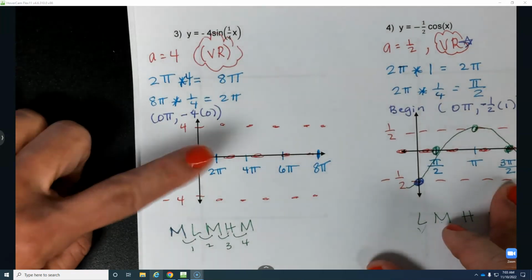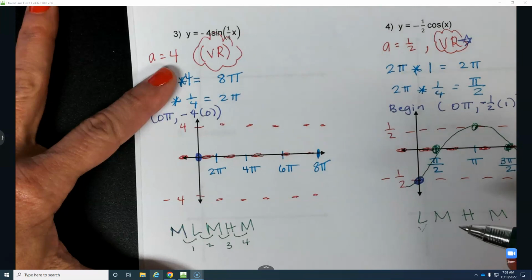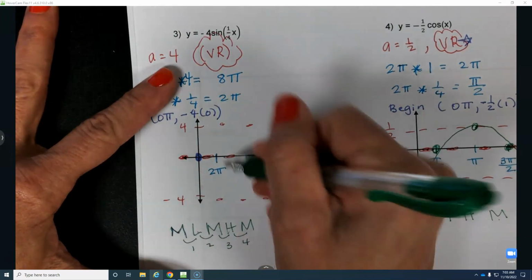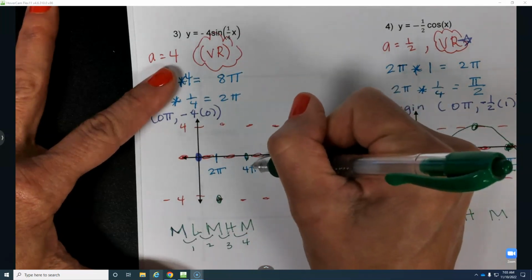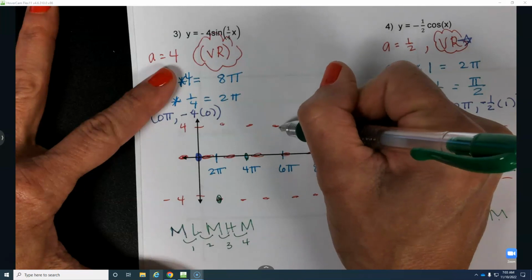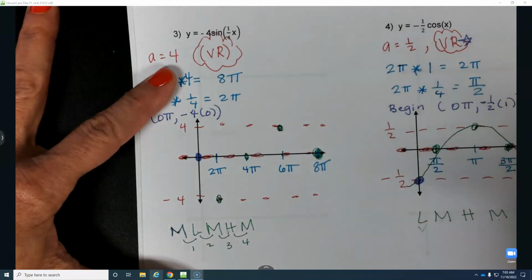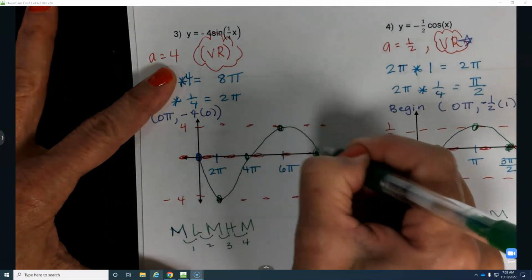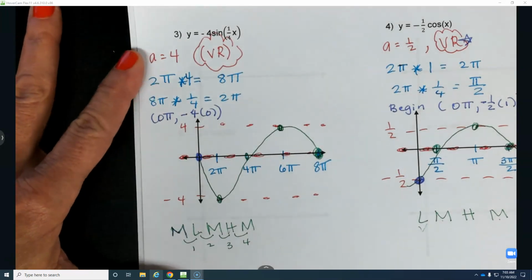So we got our first point right here. We're going to go to our value, which is low. So we got our mid. Now we're going to drop down to our low, go back to the mid, bring it up high, and go back to the mid. And then shape your curve, guys. And that's going to be a reflection for your sine value, your sine graph.